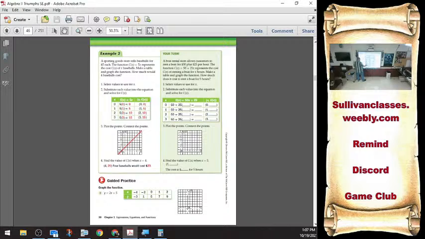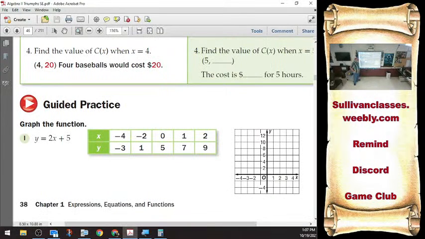All right. Down at the bottom here, I've got a table. There's the equation. They already made the table for me. Can you plot the points? Before you go plotting points, stop. Look at the graph. Look at the y-axis. What are they doing?